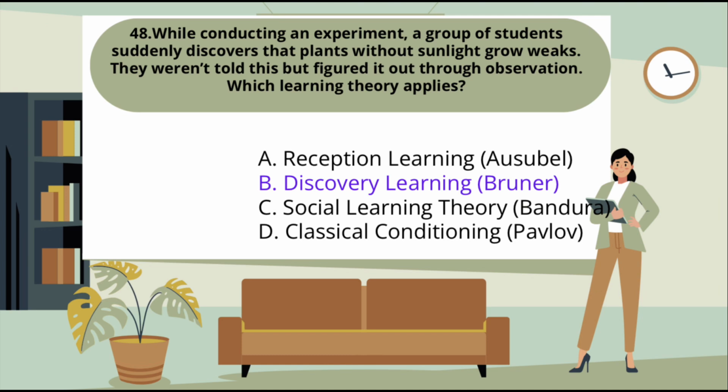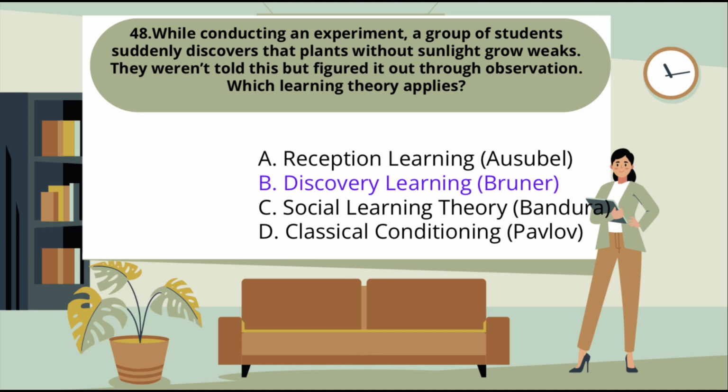So just like in number 47, wala namang kinakopy na model or person o ginagayahan na tao. So why not letter D, classical conditioning? So classical conditioning is about stimuli or pairing of stimuli like bell and food. So hindi siya pasok sa situation.